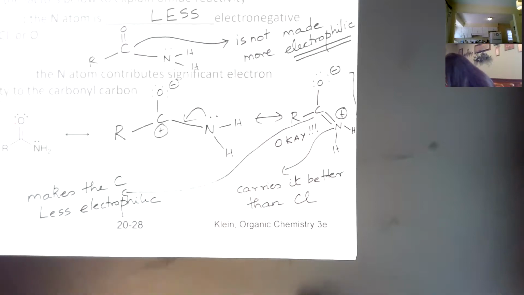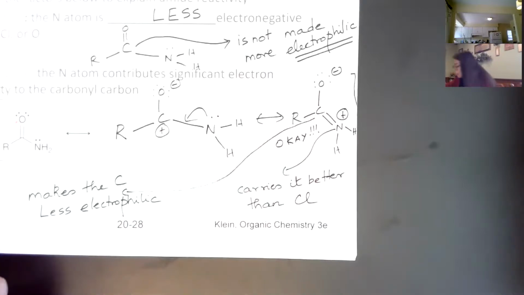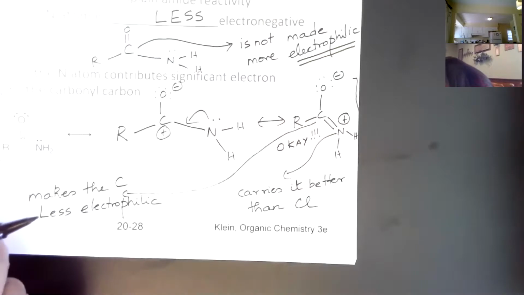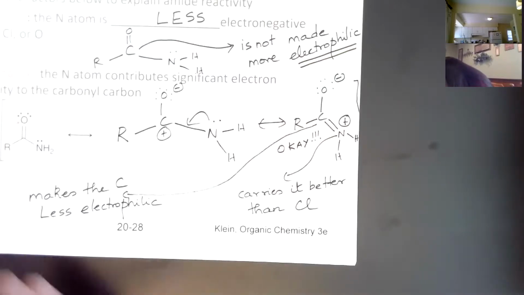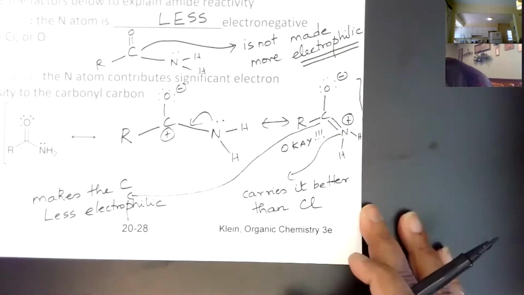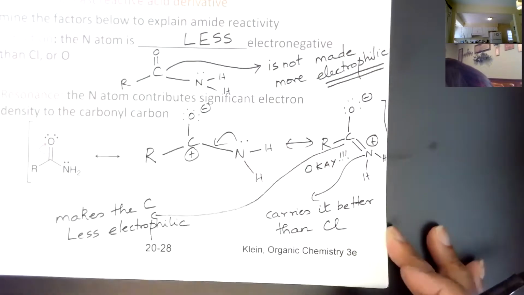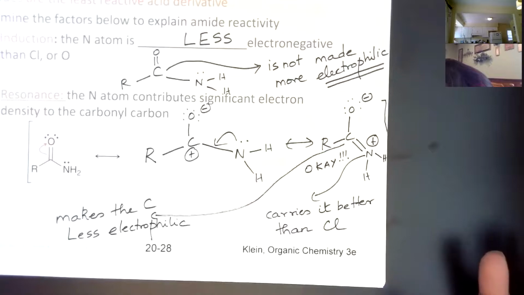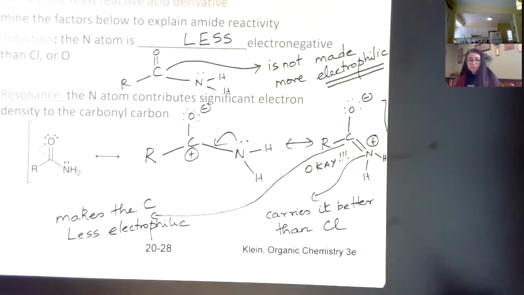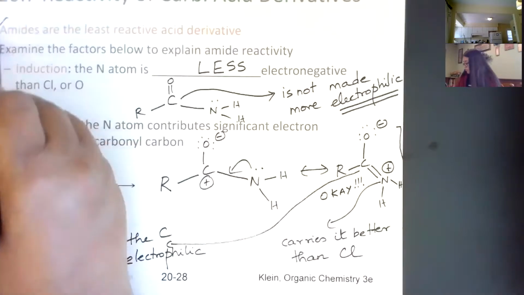A lot of theory today. A couple more minutes. I want to start the next one, it's just a continuation of this section. So we are only looking at why the acid chloride is the best in terms of reactivity, and why the amides are the least reactive.